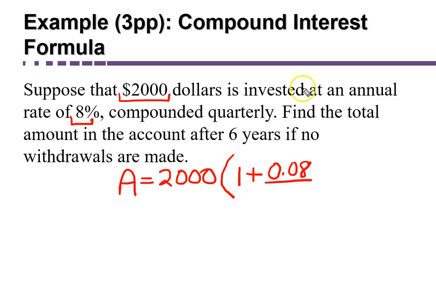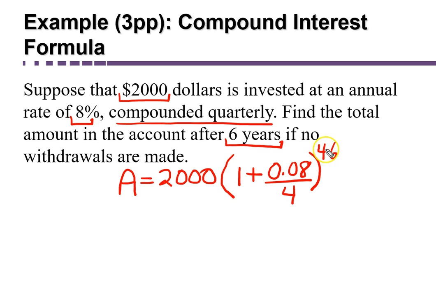And it's going to be compounded quarterly. Now in a year, quarterly means 4 times. And this is going to be for 6 years. So it'll be 4 for the n, which is the quarterly period here, and then 6 years.